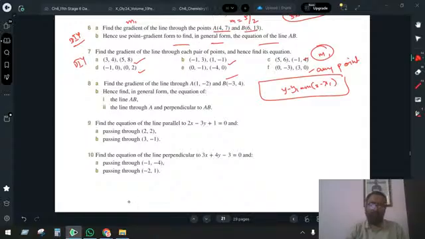Find the gradient, you can find it. It is perpendicular, the line through. So it is a gradient, and two points are given. One is a gradient, meaning he is asking for its equation. Okay, the gradient will be whatever. What is the gradient here? What is the gradient?